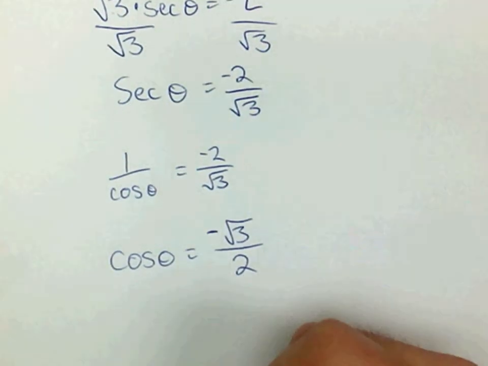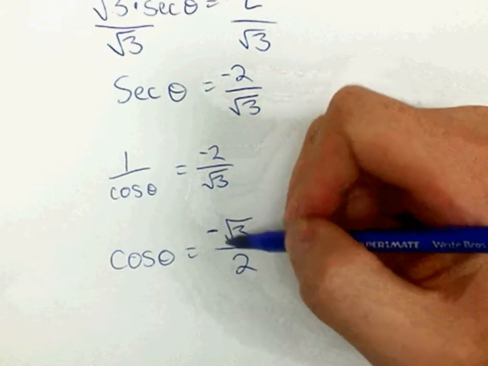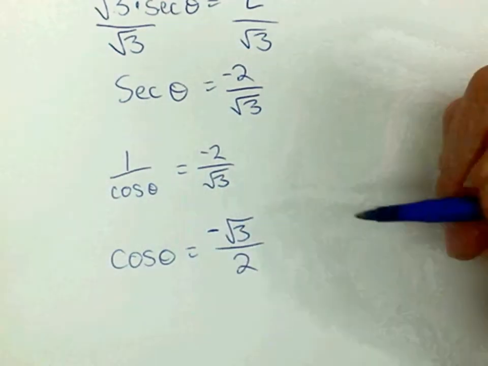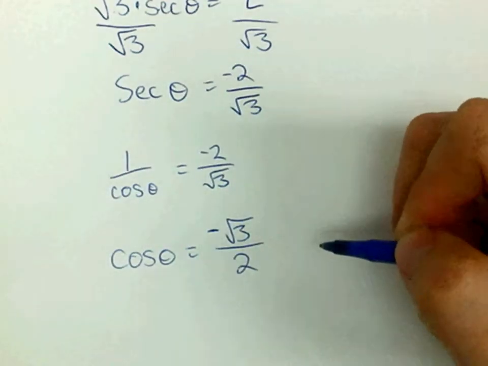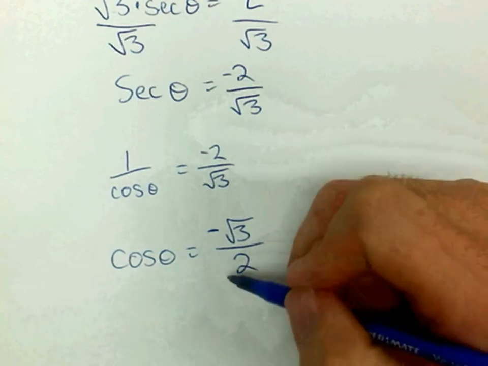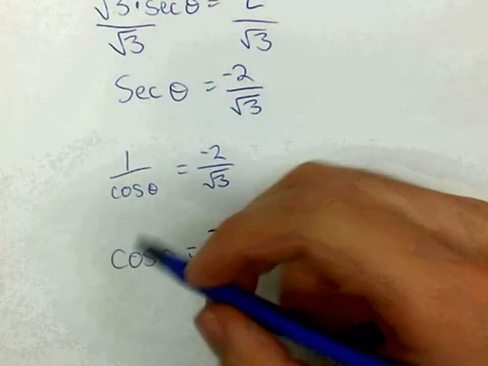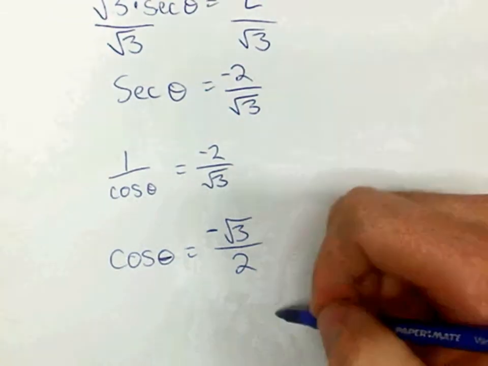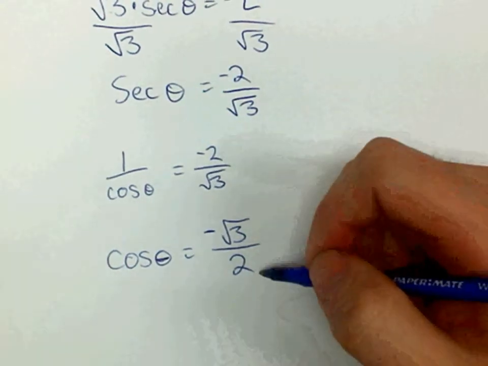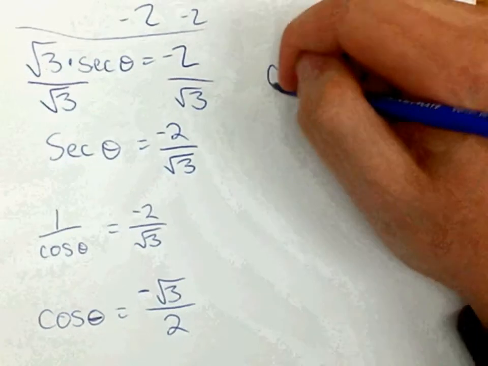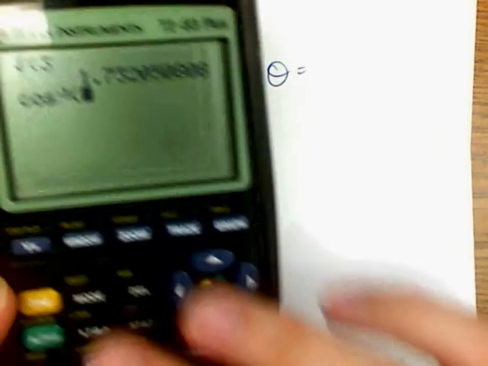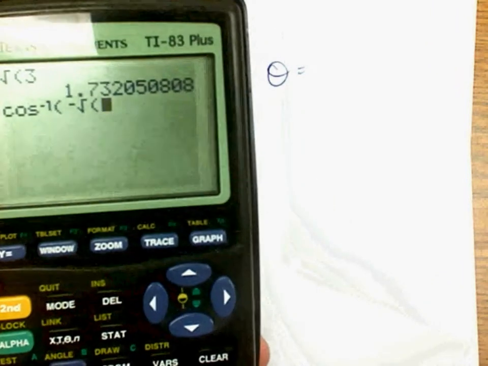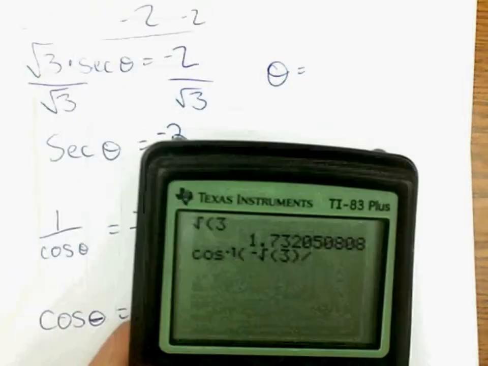It doesn't matter if I put the negative on the top or the bottom, because if one of them is negative, the whole thing ends up being negative. To get our inverse cosine, we're just going to use our calculator or our knowledge of the unit circle. But in case you've forgotten the unit circle, you can always rely on your calculator, and it will tell you one of the answers. So that is negative square root of 3 divided by 2.